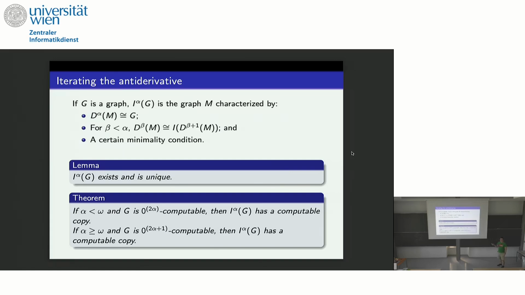It's not obvious that such a thing exists, but it does, and it's unique. And the antiderivative removes complexity. So if my graph was 2 alpha computable and I take the alpha antiderivative, alpha is finite, then I get a computable graph. So I remove 2 alpha jumps, or if alpha is infinite, it removes 2 alpha plus 1 jumps.